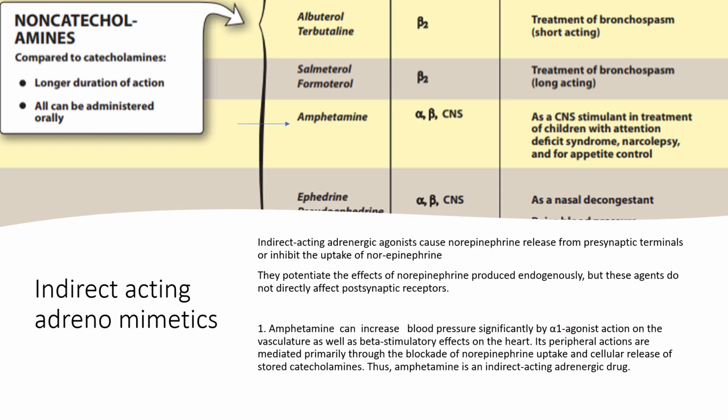Indirect acting adrenomimetics cause norepinephrine release from the presynaptic terminals or inhibit the uptake of norepinephrine. They potentiate the effects of norepinephrine produced endogenously, but these agents do not directly affect the postsynaptic receptors. An example is amphetamine, which can increase BP significantly by alpha 1 agonist action on the vasculature as well as the beta stimulating effect on the heart.